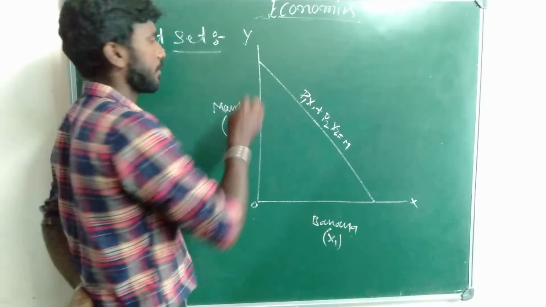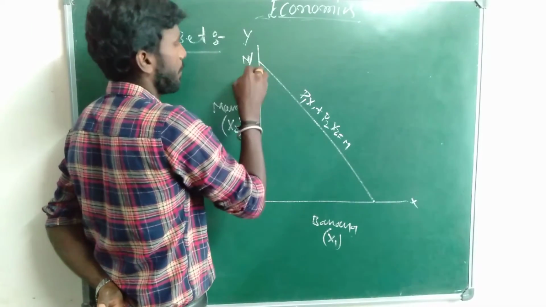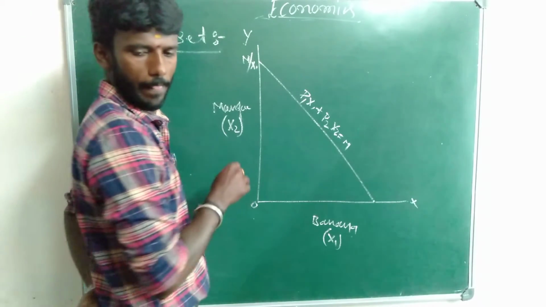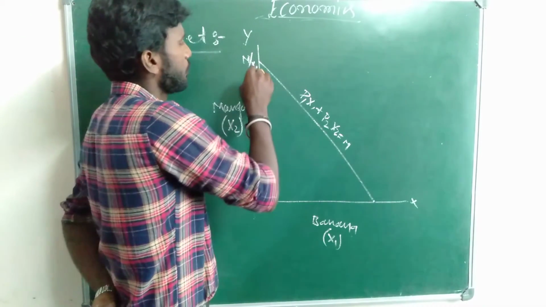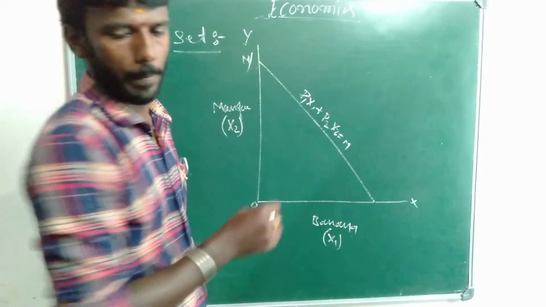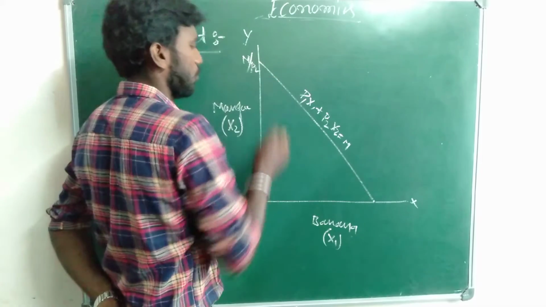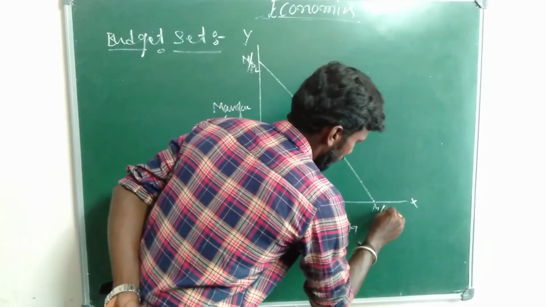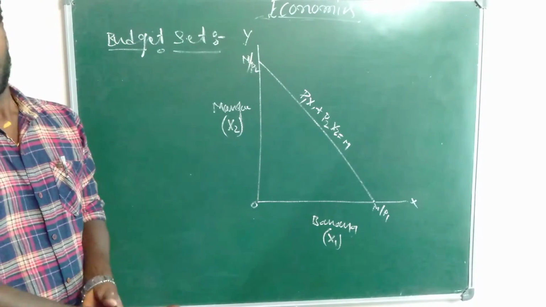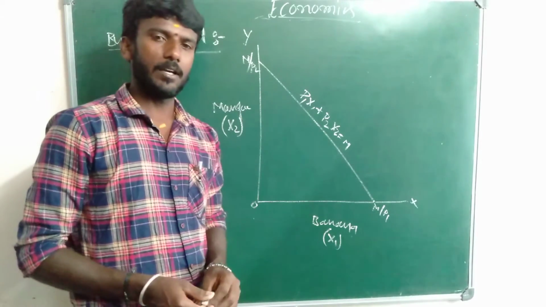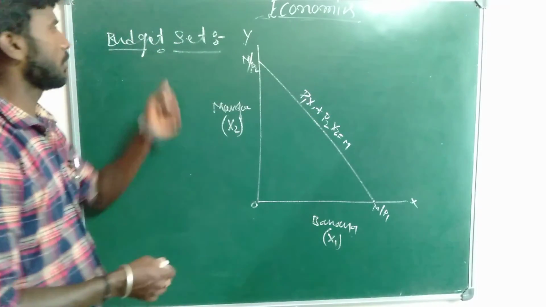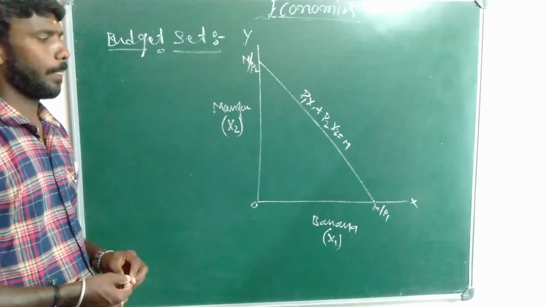Now let us consider this is m by P1 and this is m by P2, like this. So this is the diagram of the graph. Now with the help of this diagram we are going to understand the concept of the budget set.